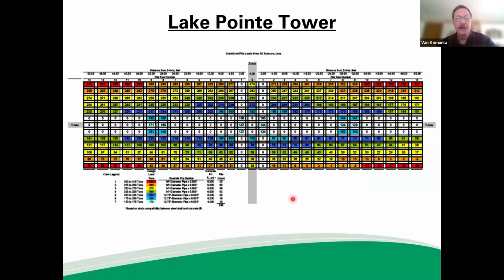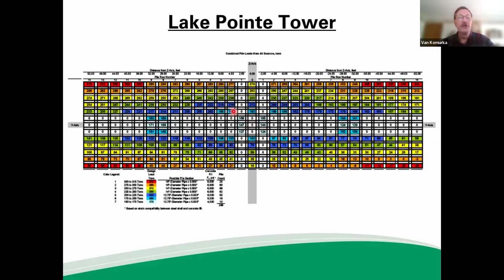Now this is a picture of the foundation, and these numbers are too small to read, so don't worry about that. But long, thin foundation, and as we get further from the neutral axes, which are through the middle here, the loads on the foundations get higher.